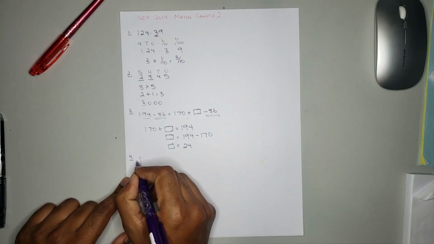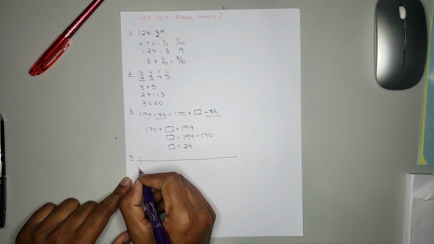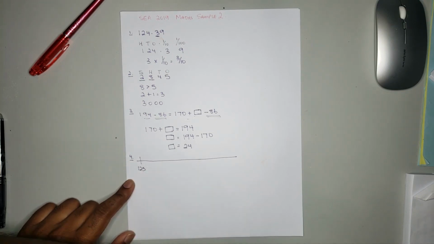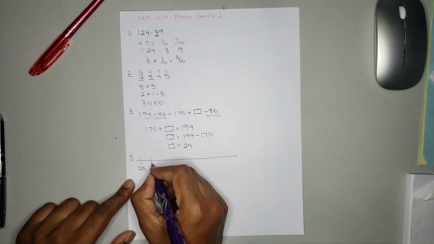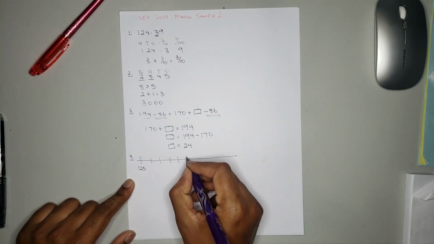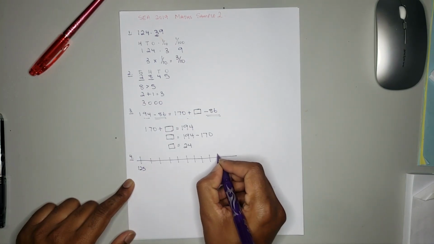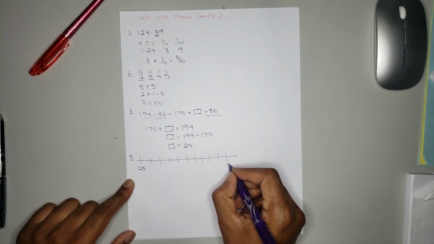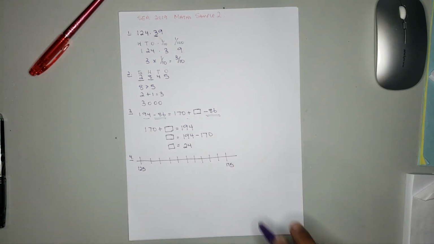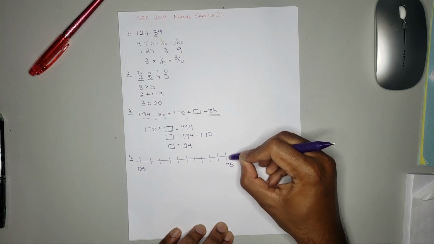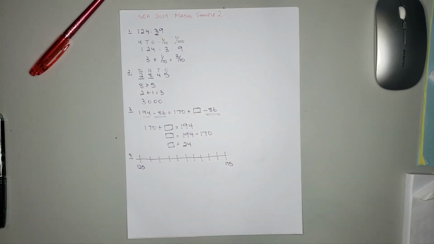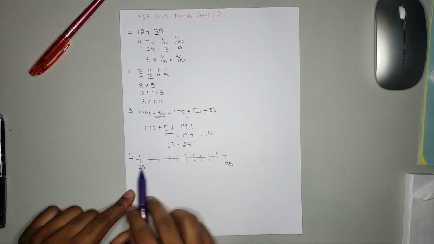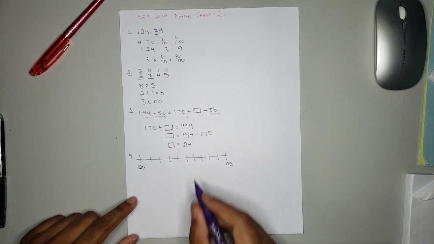So we start here at 125. Good. So you start at 125, you end at 175. We know we have 10 strokes in between here.